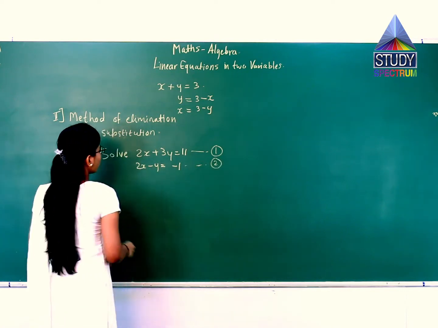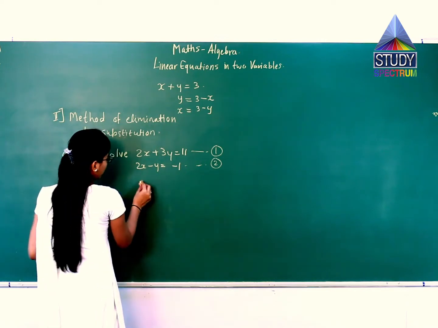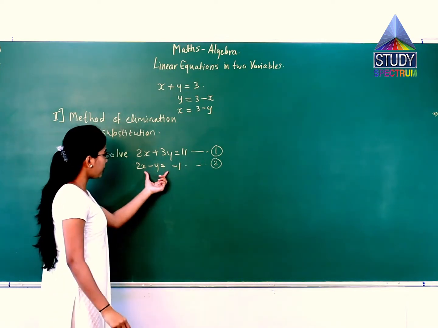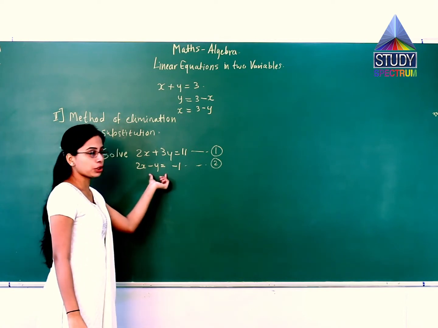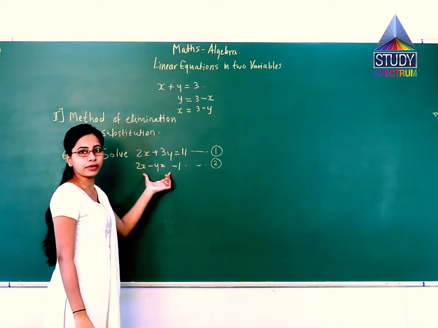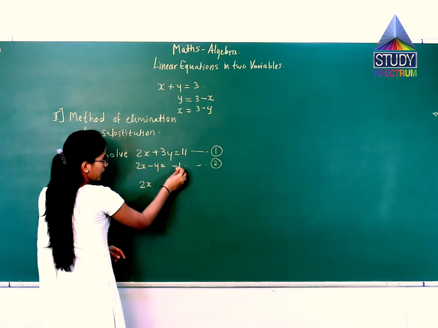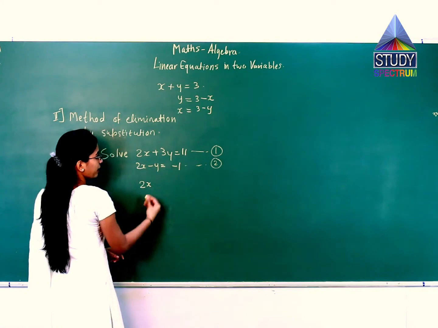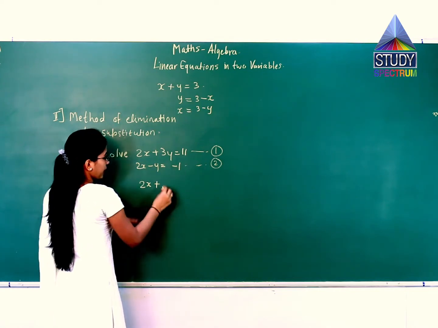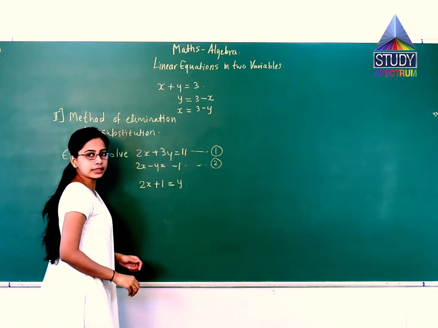So how to solve? For equation number 2, what I can do, I will represent my equation number 2 by this form. Means I can equate this equation for y. Suppose here 2x minus 1 I can bring on right hand side. So it will be plus 1, and this minus 1 I can transfer on right hand side.